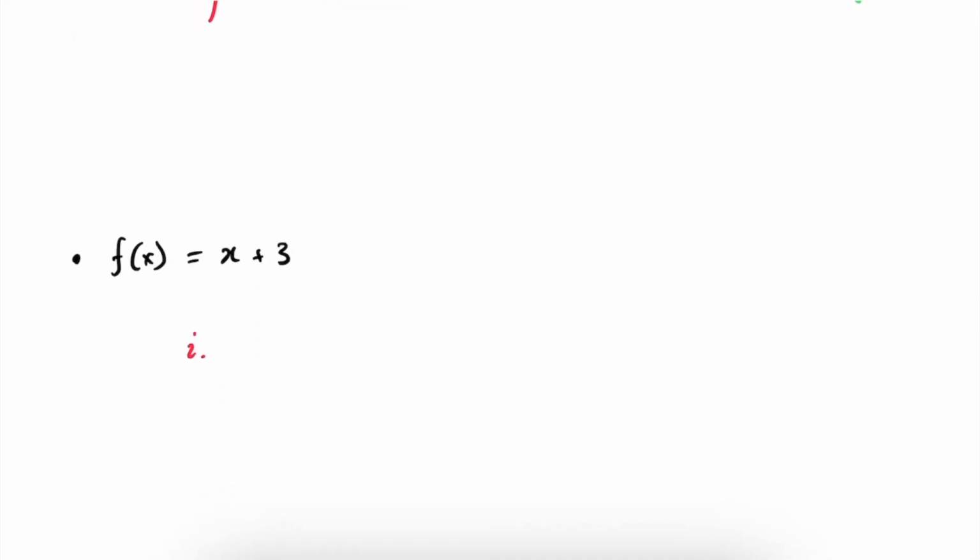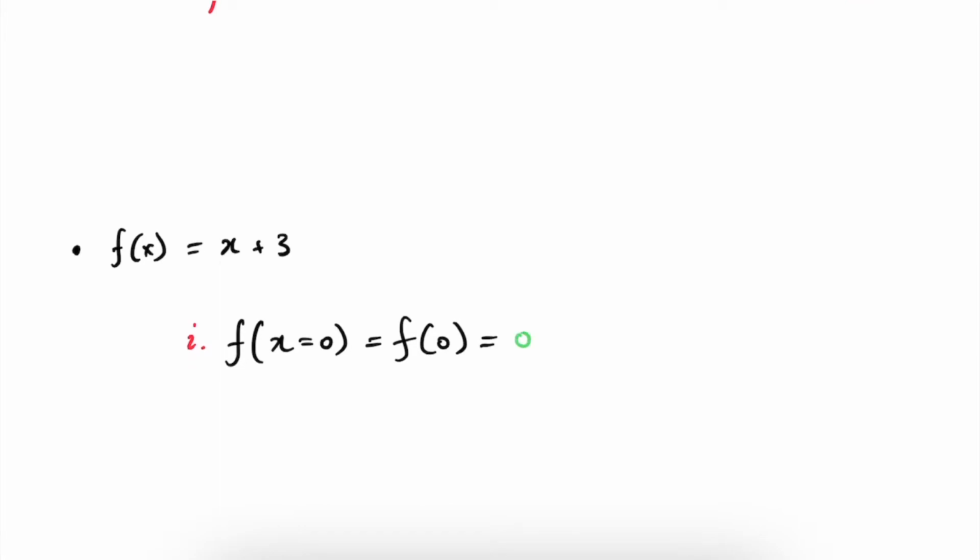So what we need to find here is f where x is equal to 0, or in shorthand notation, f of 0, which is 0 plus 3, which is equal to 3. And this 0 here comes from x being 0, of course. So we've got our first point, which is f of 0 is equal to 3.